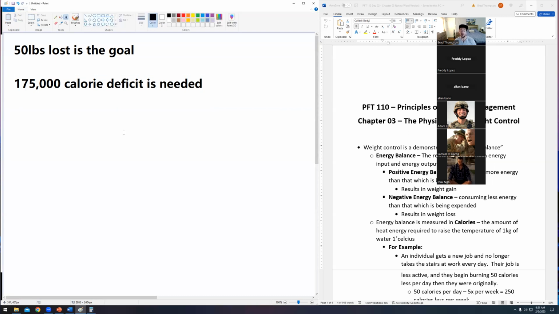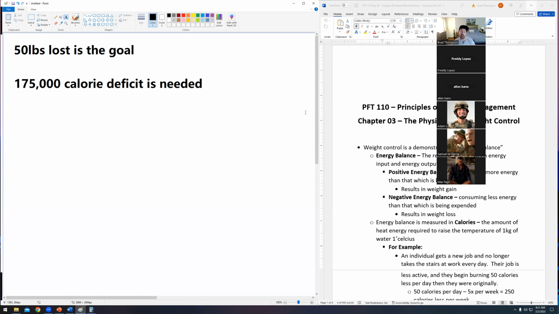Now, that could be somebody who maintains their current lifestyle. They don't change a thing about their diet, but they end up walking to burn 250 calories a day.